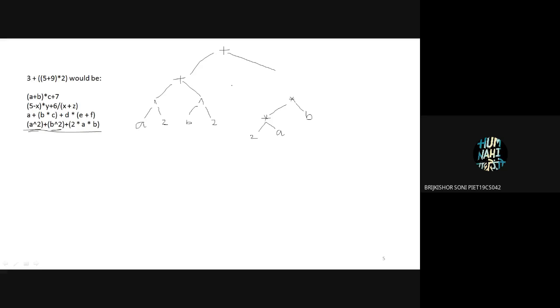सर सही है. Is it okay? ओके है सर. ओके है. Can anybody find the mistake in that?